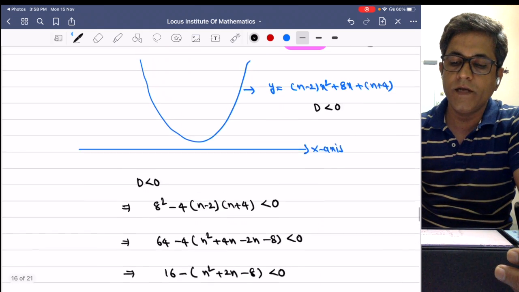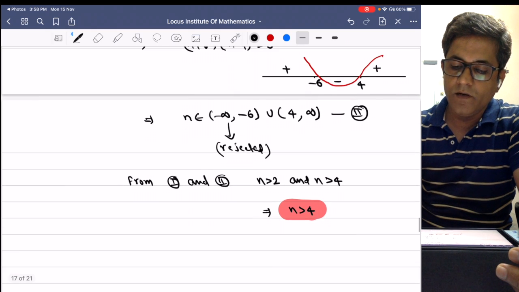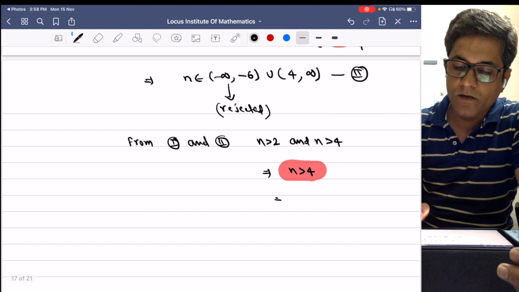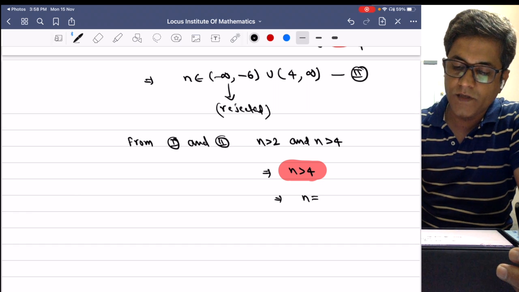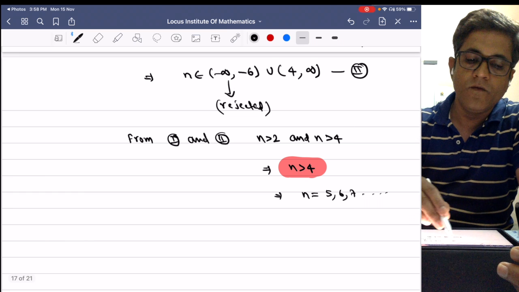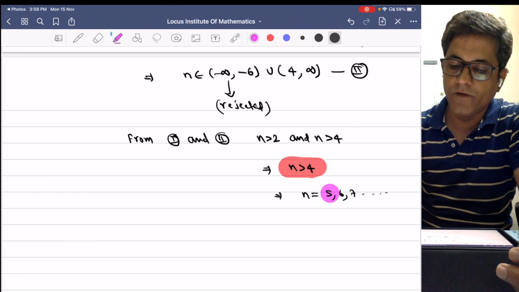From the question it is given that n is a natural number. The natural numbers greater than 4 are infinitely many: 5, 6, 7, etc. From all those natural numbers, the least natural number is 5.